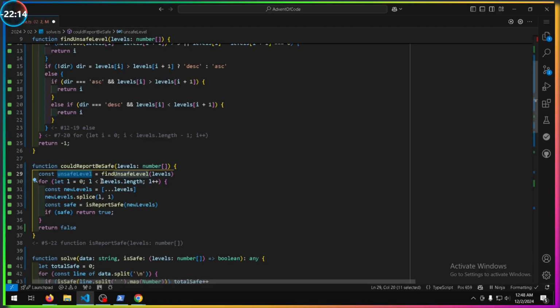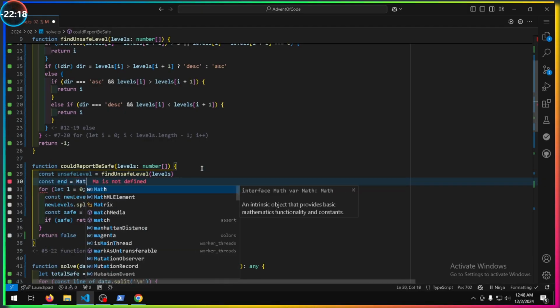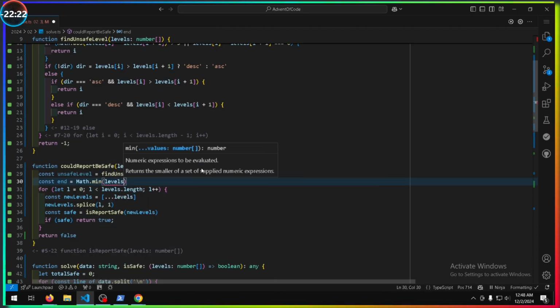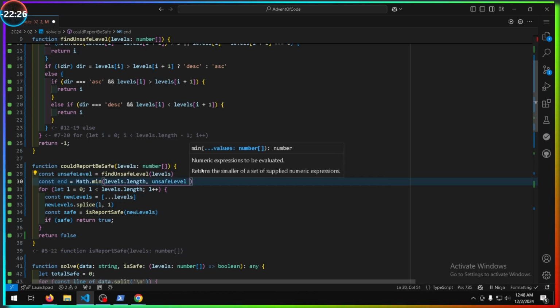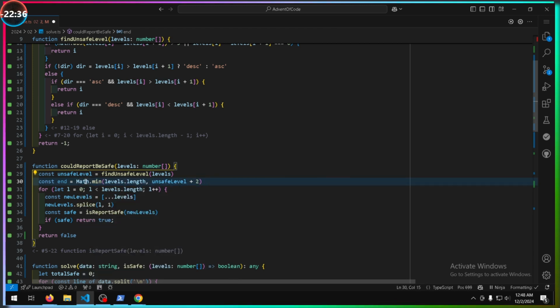So it's kind of a math max. N equals Math.min levels.length, then it's unsafe level plus 2. If the unsafe level's at the end, though, we need a math max around this. No, we need a math min around this. Math. I love math. My best friend is math.